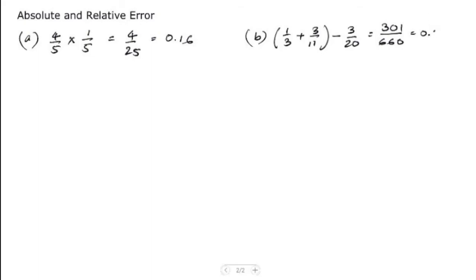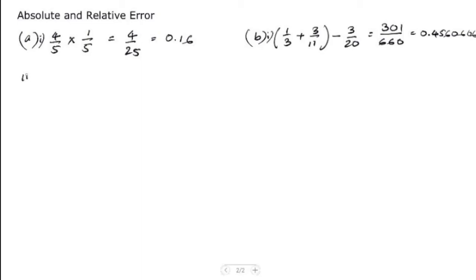So we have 0.4560606, and it continues. So now this was part 1, that is finding out the exact values for the operations.